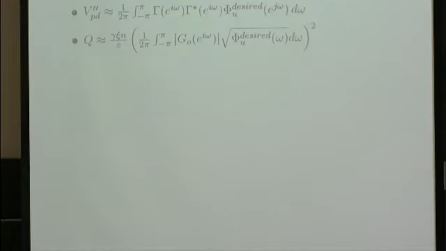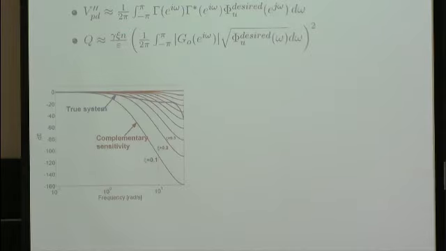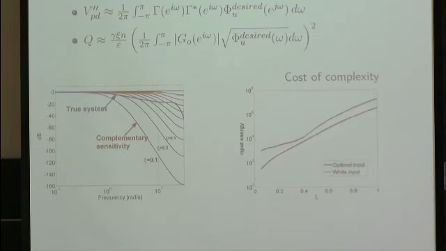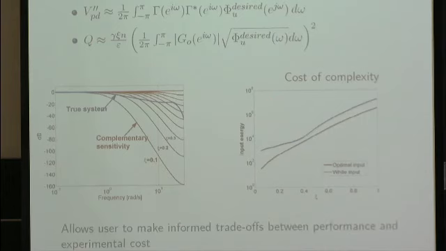I have to reduce the desired bandwidth here. And here is just an example. This curve shows how the cost Q depends on psi. Of course I can compute this numerically and give a curve. So this gives the user the ability to make a trade-off between performance and experimental cost.